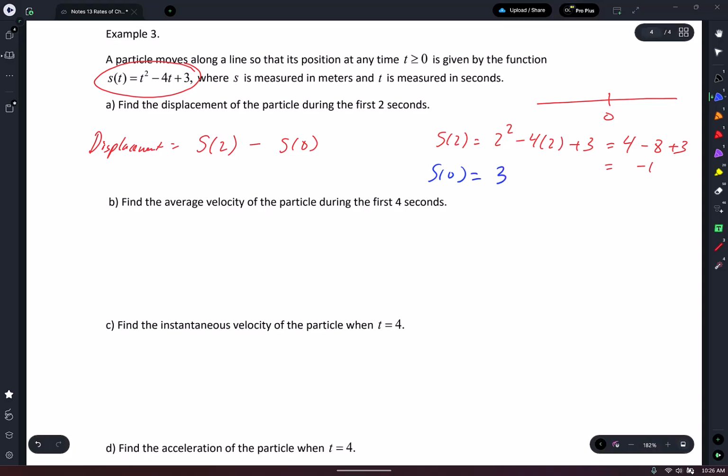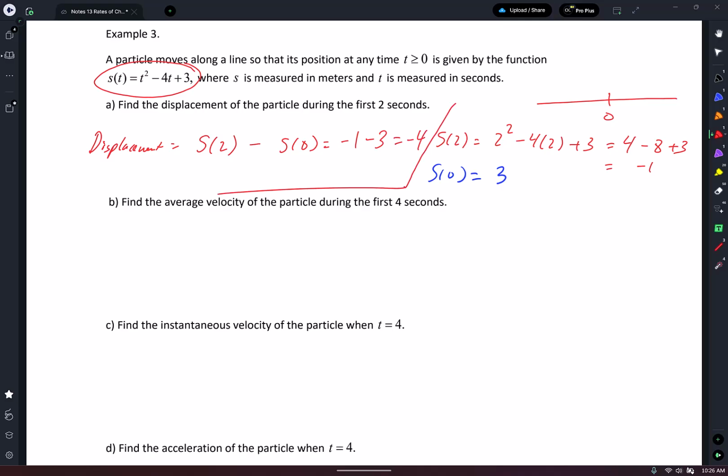All right, so here we go. I come over here, and I'm going to go negative 1 minus 3. So my displacement was just what? Negative 4. Negative 4 meters. Yeah, meters. Displacement, negative 4 meters. So what all that just means is between 0 and 2, you went 4 meters to the left. That's all it means. Are we okay, guys?